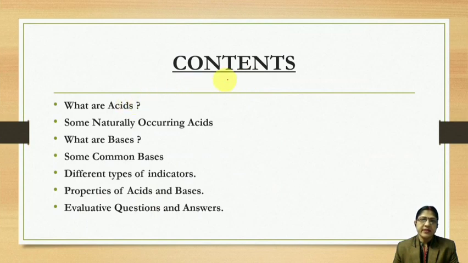Today's session contains what are acids, some naturally occurring acids, what are bases, some common bases, different types of indicators, properties of acids and bases, and at the end of this session we will discuss some evaluative questions and answers.